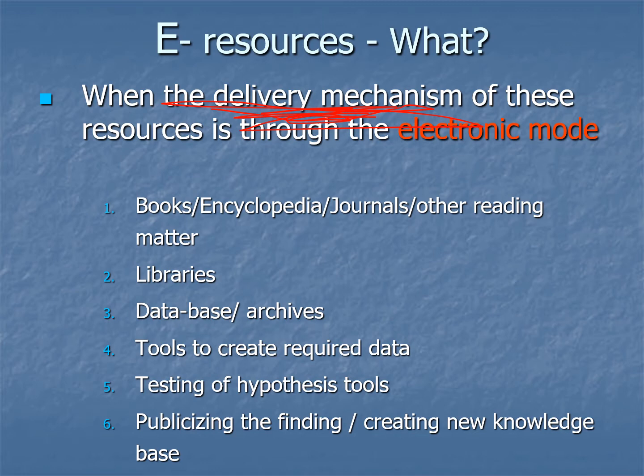So the cloud, as it is referred to. So books, encyclopedia, journal, all kinds of reading material today are available on electronic mode. Libraries, entire libraries are online. Databases, archives, better to look or to study into online rather than going through them in physical way nowadays.